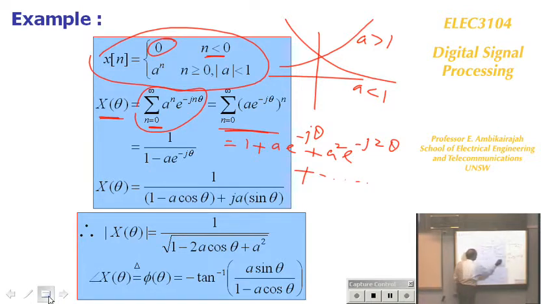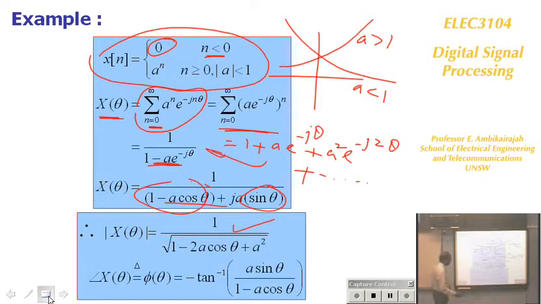And if you take the summation of that, you get 1 over 1 minus a e to the minus j theta. And if you want to expand this one, you expand in this form. If you want to get the magnitude response, that's taking the real part and imaginary part of the complex number, and the magnitude response is that.